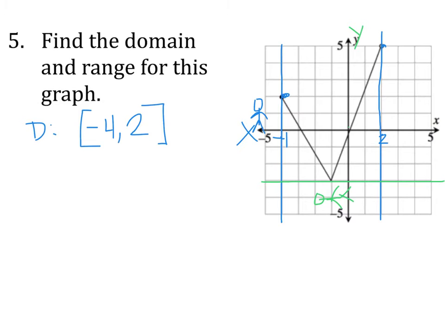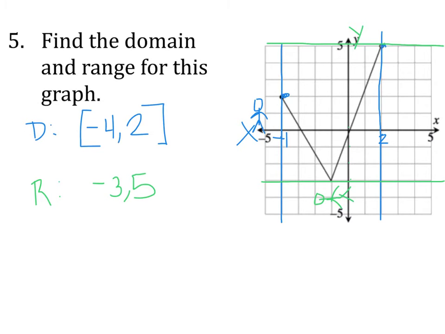Starting at the origin, you can count down -1, -2, -3. So -3 would be the first value of our range. And then if I keep going up, the range ends at this point here, which is at 5.